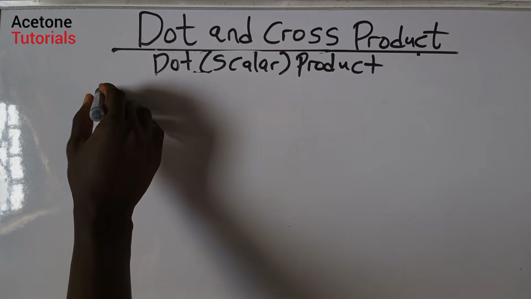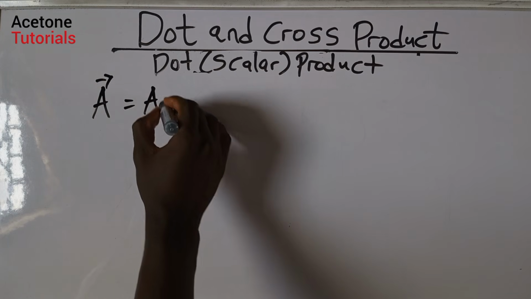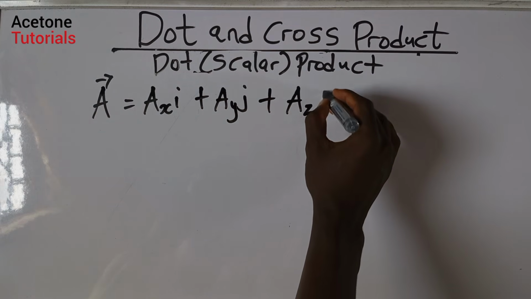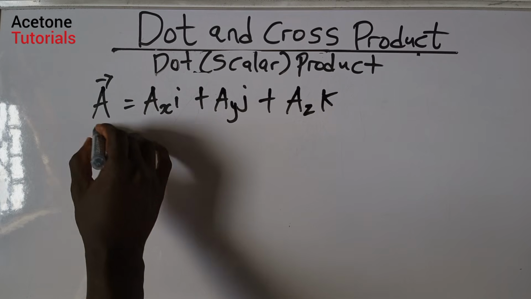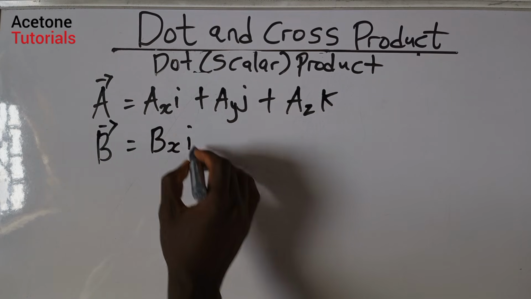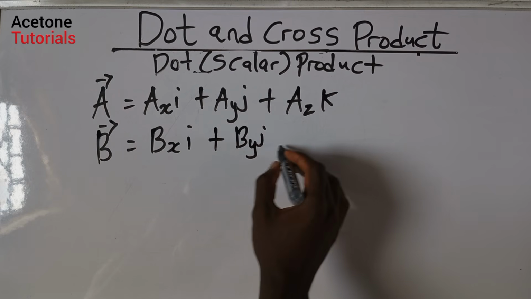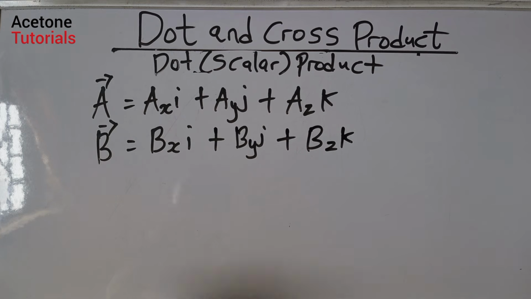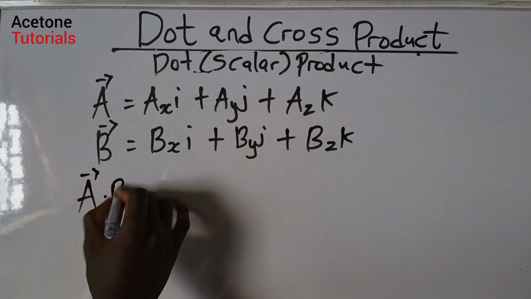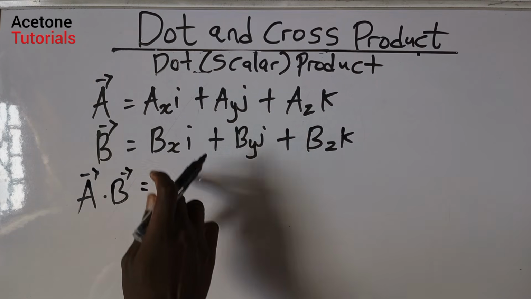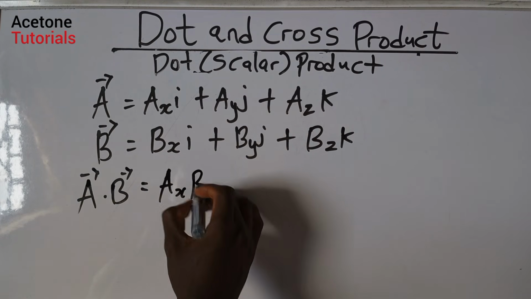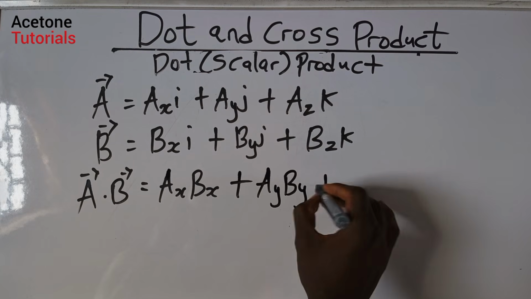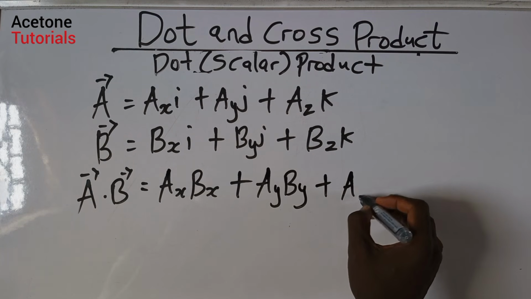For example, if vector A is AXi plus AYj plus AZk, and vector B is BXi plus BYj plus BZk, the dot product A dot B is equal to AX times BX plus AY times BY plus AZ times BZ.